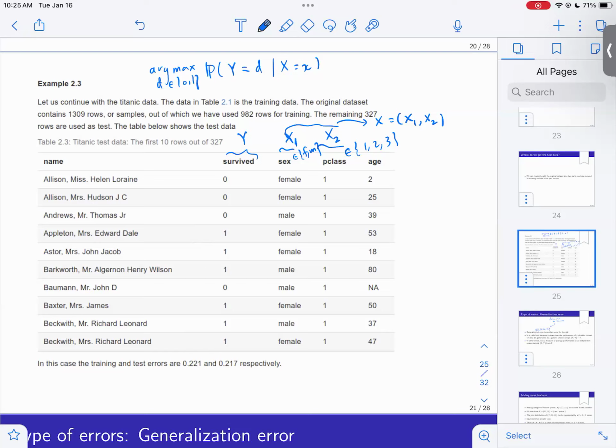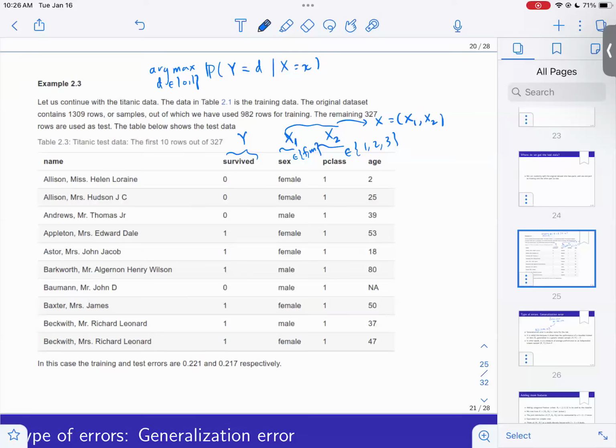But x is now this thing. The thing to notice is, although it's like a vector with two coordinates, it's really another categorical variable with 6 levels. If you count all the combinations: female 1, male 1, female 2, male 2, female 3, male 3.